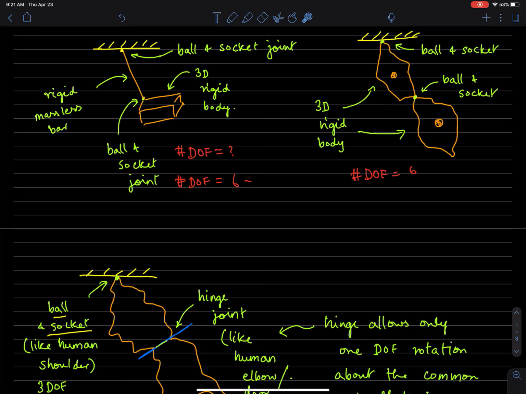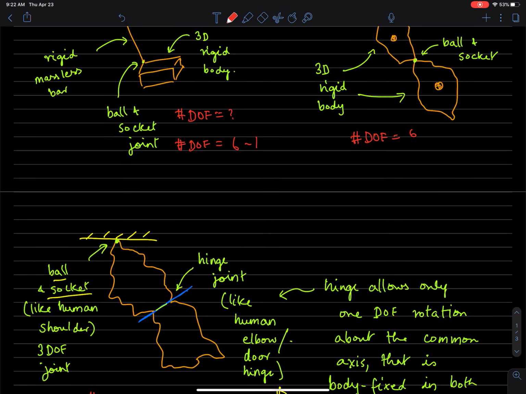That is actually 1 constraint, because it's saying this point is at a constant distance from this point. So that's 5 degrees of freedom.